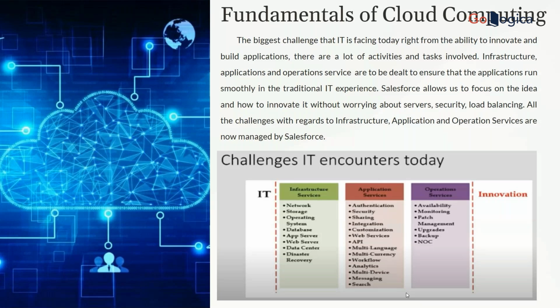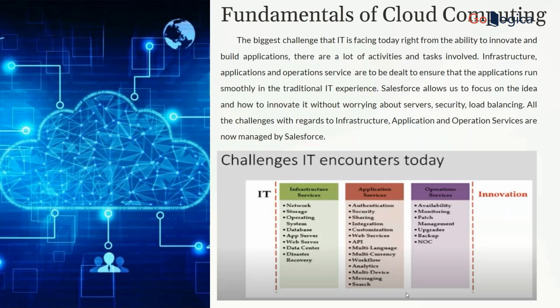All those services are taken care of by Salesforce. When it comes to creating any functionality or application, an idea can be implemented at the earliest without focusing on any other thing, which, though it has an impact, we don't need to take as a burden on our shoulders. Everything is taken care of by Salesforce in comparison to the traditional IT experience.